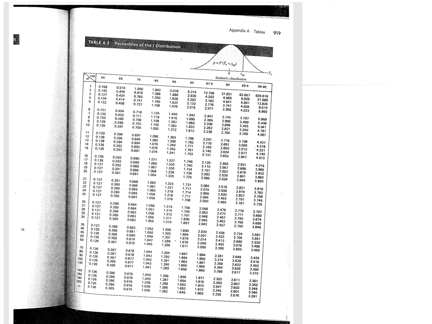I know it's tempting to ask, and I get this every so often: why do I have to use a table? It seems archaic to find a p-value that way. On your first test there are going to be questions where I give you a table and ask you to find the p-value, or a bound on it.